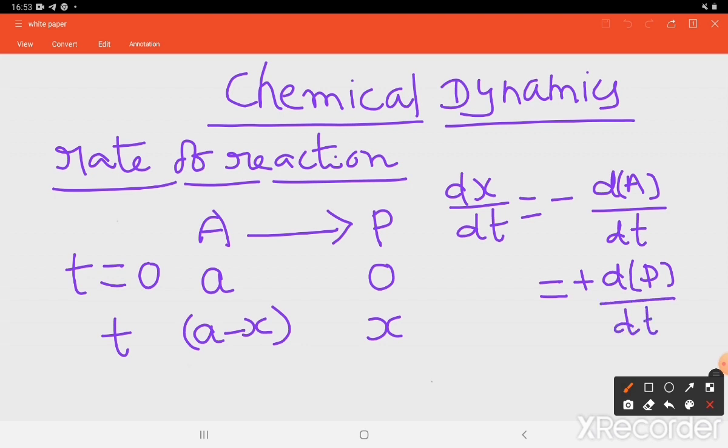Here gradually concentration of A decreases, so we will write minus. Gradually concentration of product will increase, so concentration change in the product will be taken as positive.